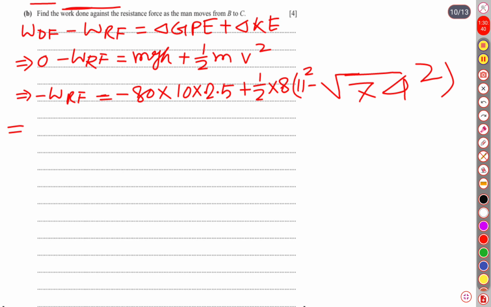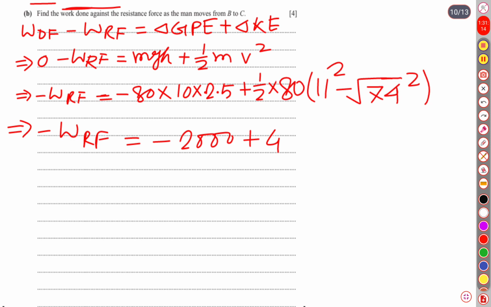Negative work done by resistance force is equal to, here if we multiply it, it is going to be negative 2000, and here then it is going to be 40 into 121 minus 74. It is 80, not 8, please don't get confused with this.